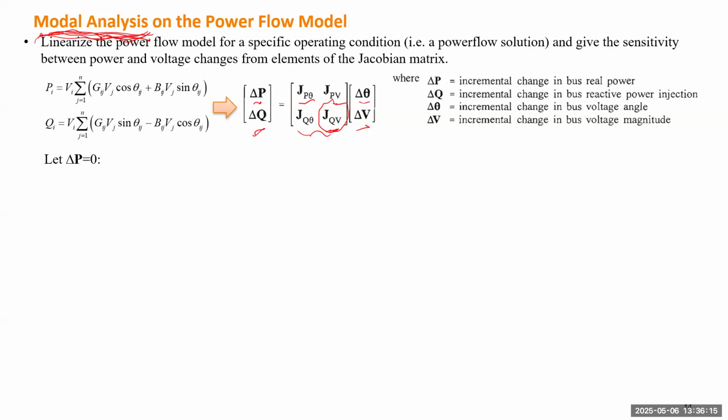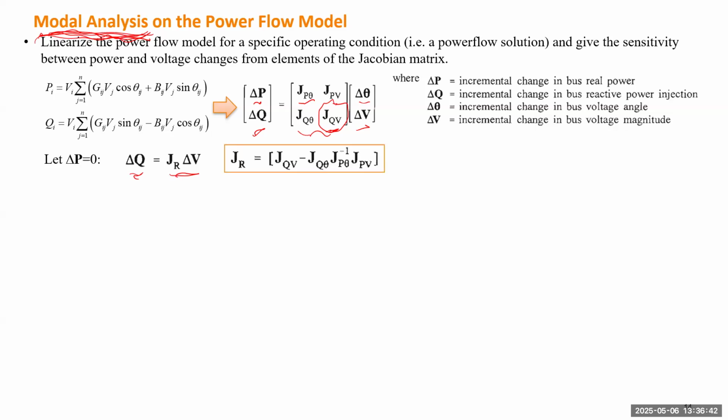If we study the voltage stability for a specific loading condition, we can assume the delta P is 0. It doesn't change for the active power. So now the reactive power delta Q will be equal to the reduced Jacobian multiplied by the change in the voltage, as a vector.